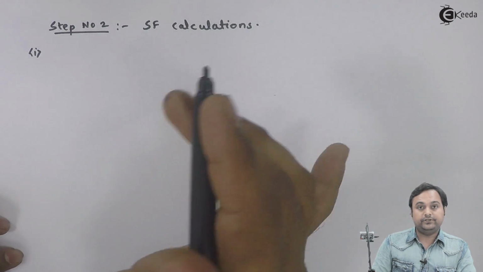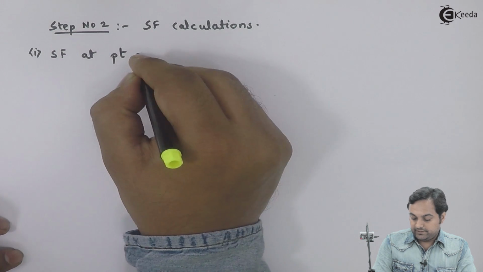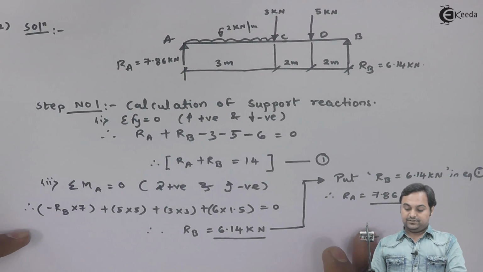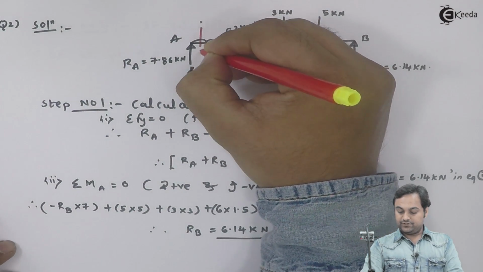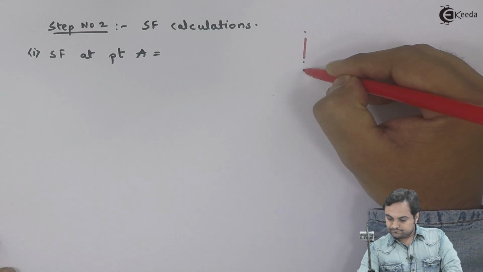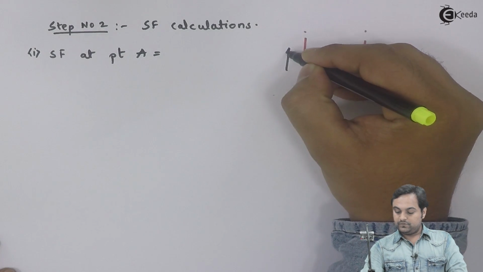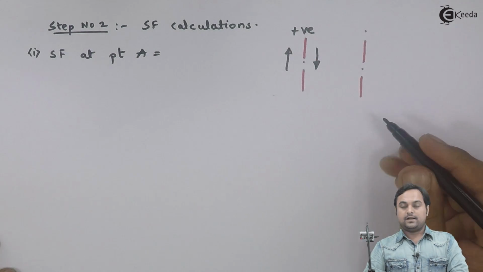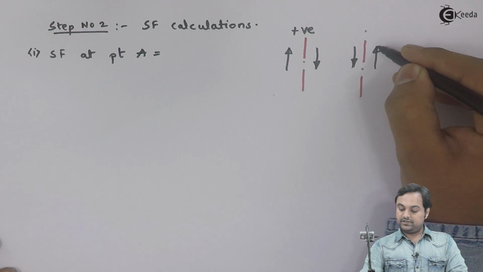Here I will start with point A, that is SF at point A. I will be taking the section just to the right of A, my section is here, and as per the sign convention, upward force to the left of the section, downward force to the right of the section are positive. Downward force to the left of section and upward force to the right of section are negative.